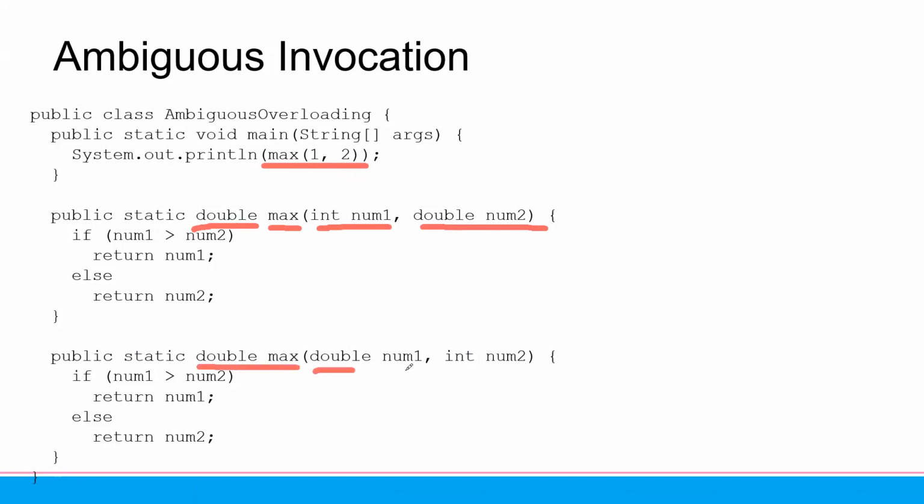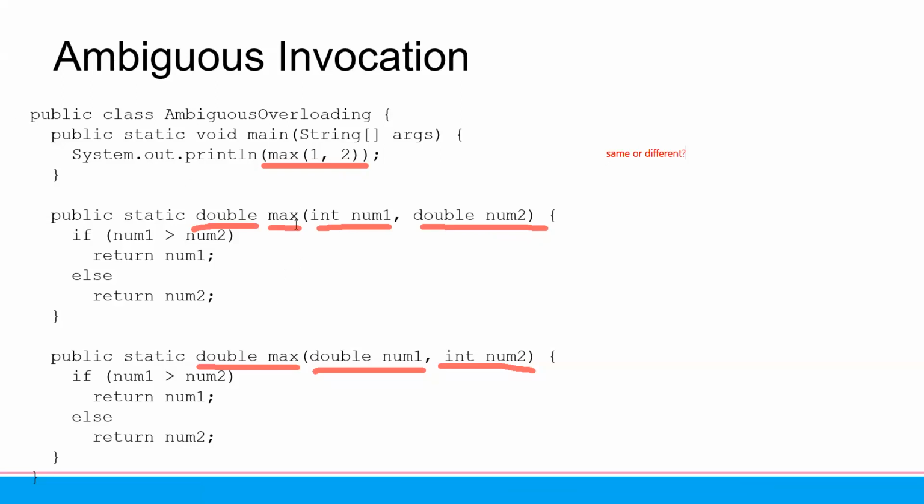But the first parameter is double, the second parameter is integer. So is it the same or is it different? Same or different? The two methods, is it the same or is it different?